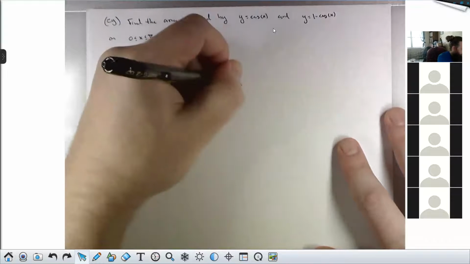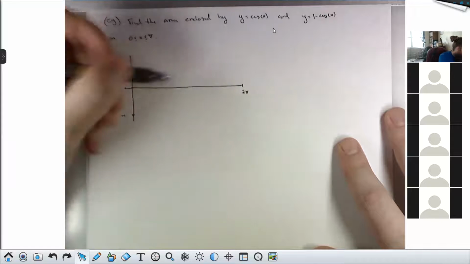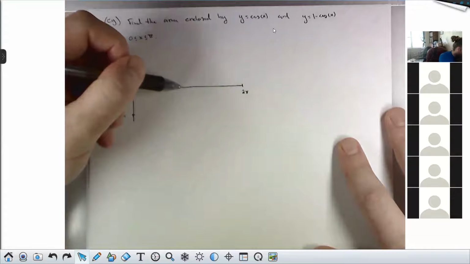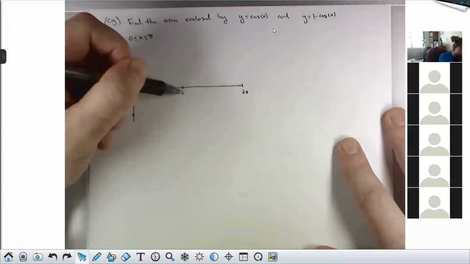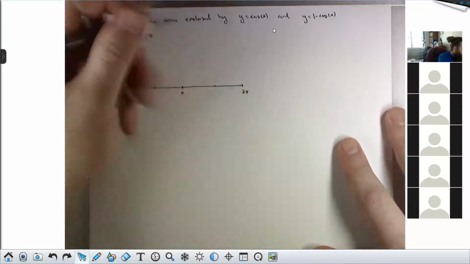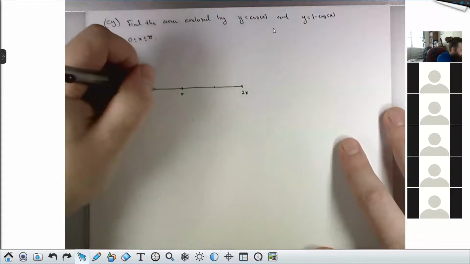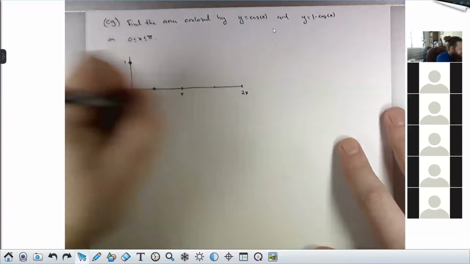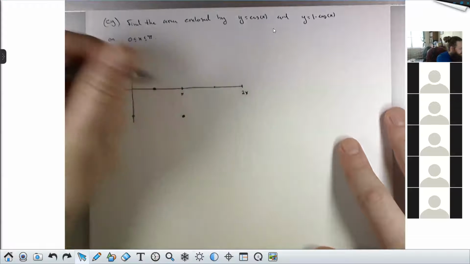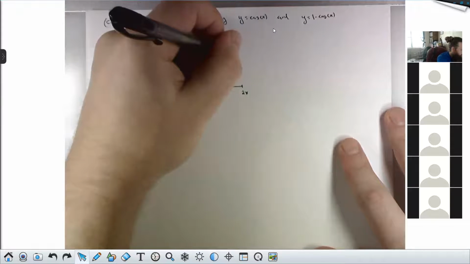I'll mark this as 2 pi, which makes halfway there pi over 2 and 3 pi over 2. You know, the cosine of 0 is 1. The cosine of pi over 2 is 0. The cosine of pi is -1. The cosine of 3 pi over 2 is 0, and the cosine of 2 pi is back to 1.